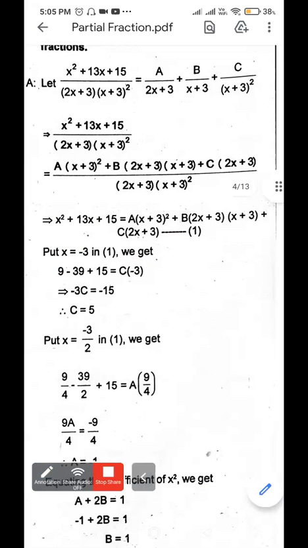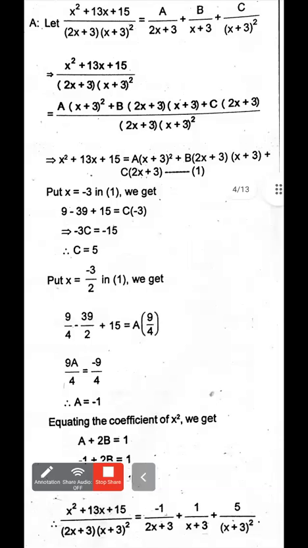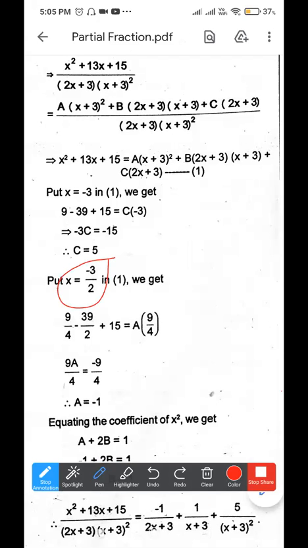Next we are substituting x is equal to minus 3 by 2. So instead of x in this equation, you are substituting minus 3 by 2. Then the c term will become 0, and the b term will also become 0.